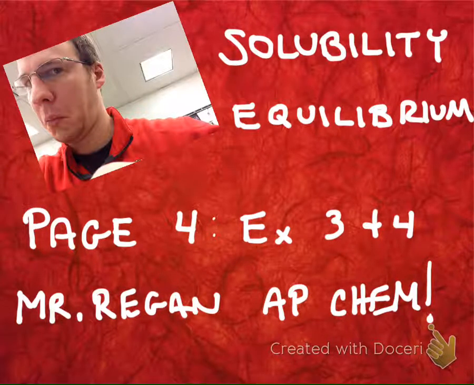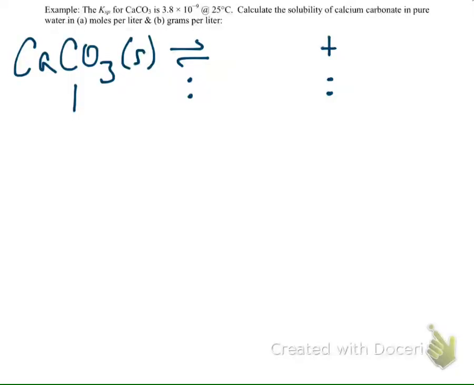If we start on page 4 at the top, we are seeing that we're trying to estimate the salt solubility from the KSP. What we're trying to do is figure out in moles per liter, or molarity, how much stuff can dissolve in water before you start seeing the solid not dissolve anymore.